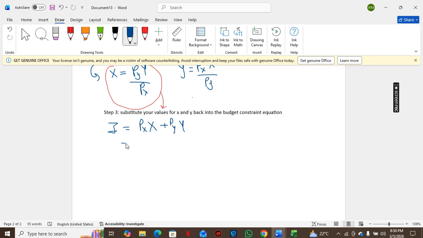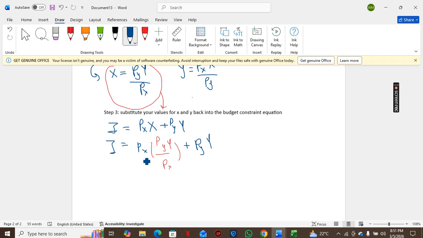So we have PX, then the x here we're substituting with PY y over PX, and you're going to say plus PY y, which equals I here.